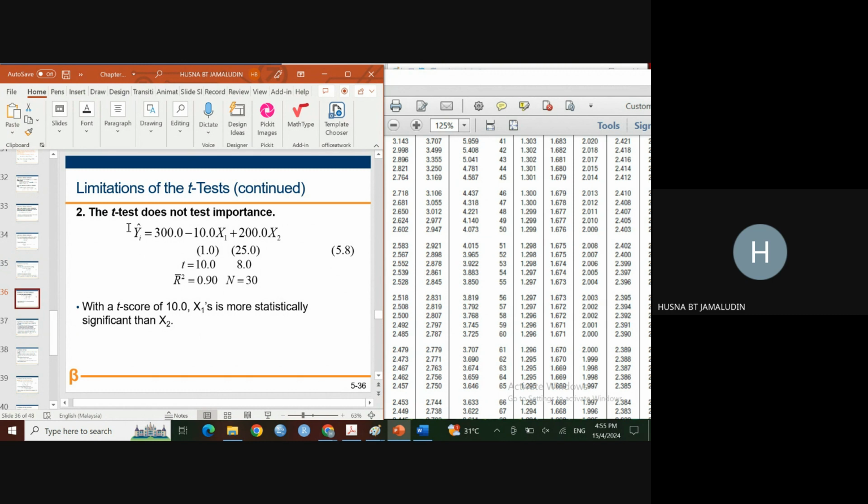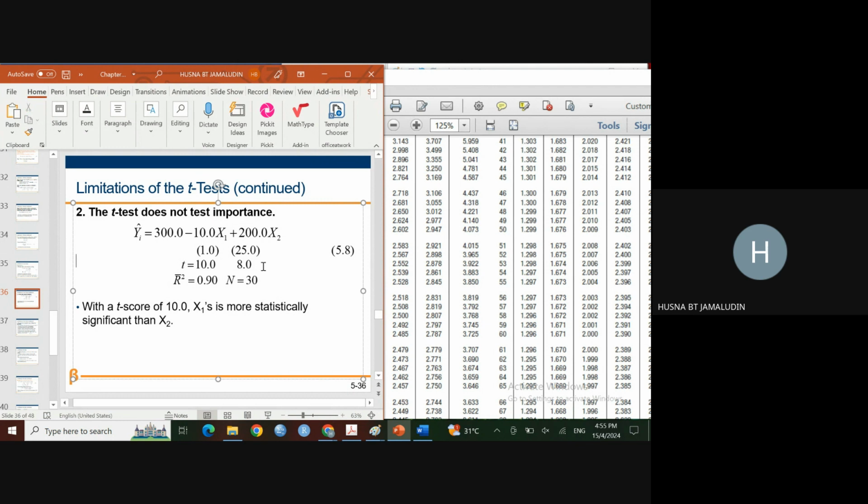Second, the t-test does not test importance. What does it mean? Look at a t-score of 10. You have the first variable x1, the t-score is 10. The second variable, the t-score is 8. You cannot say that the variable with the t-score of 10 is more important in affecting y compared to the one with the t-score of 8.